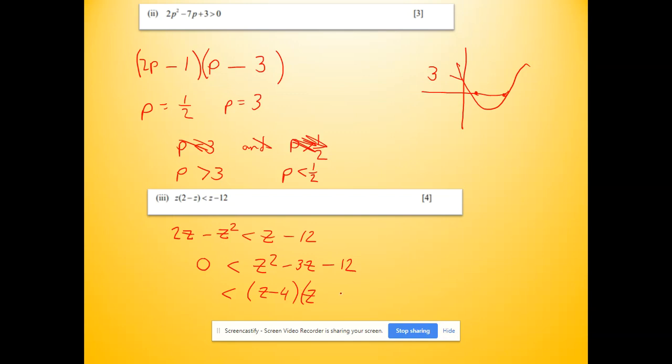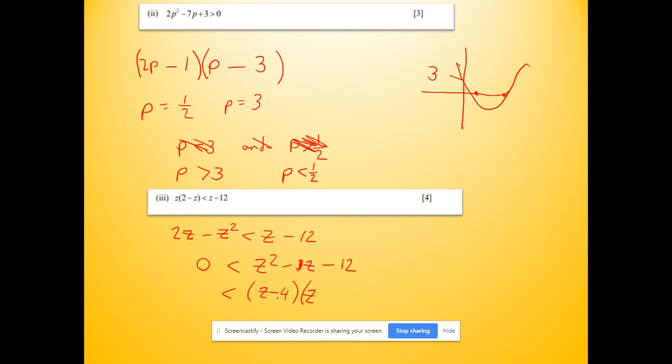Have I just made, that's not going to factorise? So we've got z times z, got 2z, take away a z. Oh, that's my mistake there. That should just be minus z. So take that bit off. We just get a minus z, because z take away 2z is just minus z.